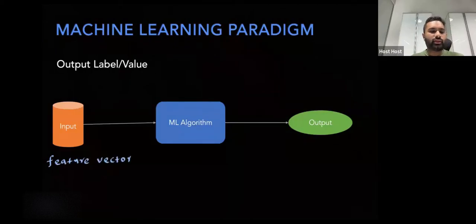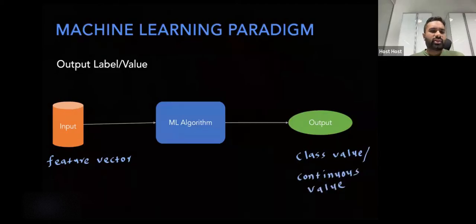In the introductory class, it should be clear what is called as a feature vector. And output is either a class value or continuous value. So this machine learning algorithm could be seen as some mapping or some function which is taking an input as a feature vector, and it is outputting either a class value or a continuous value.